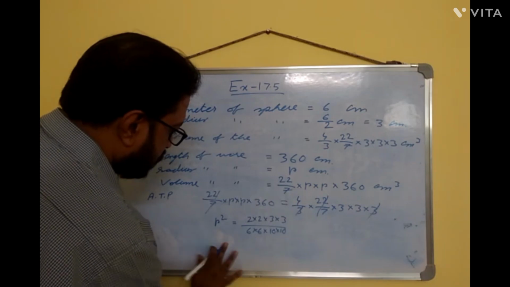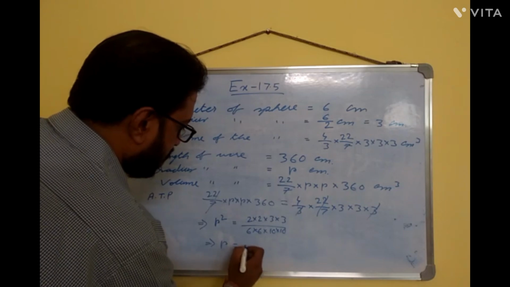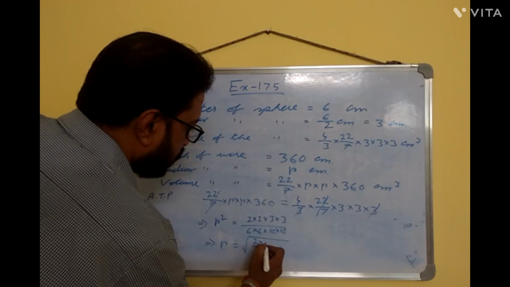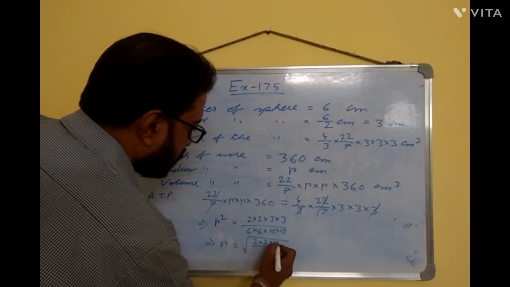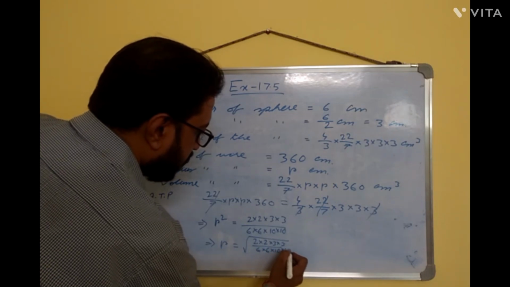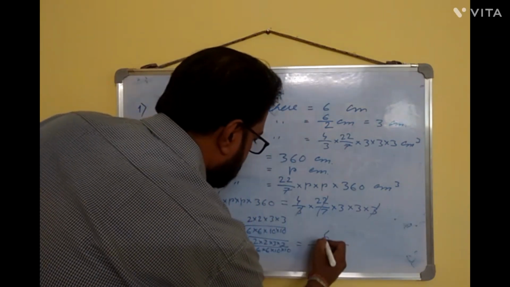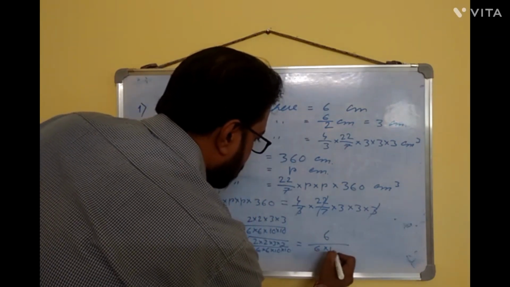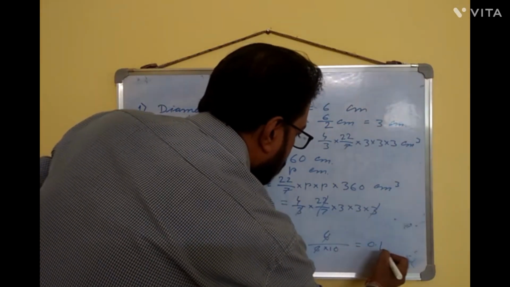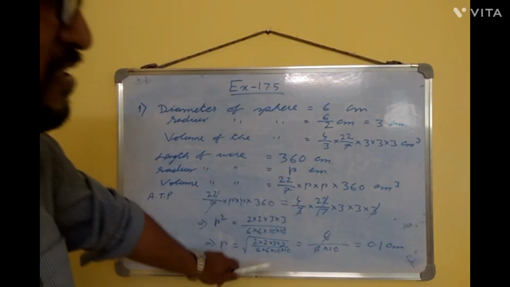So R is equal to, if I take the root of this, 2 into 3, that is 6, by 6 into 10, that is equal to 0.1 centimeter. The radius is 0.1 centimeter.